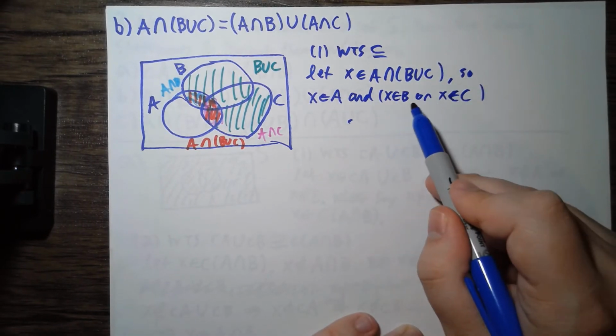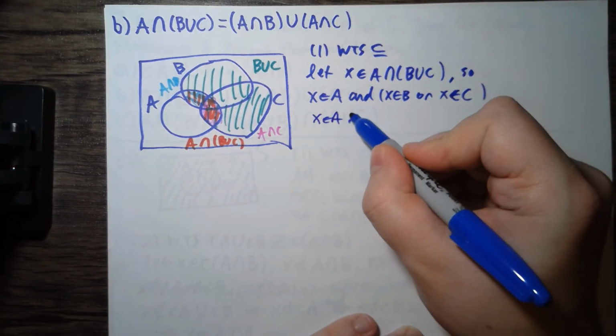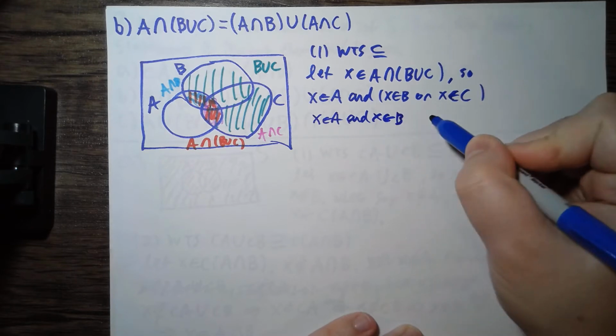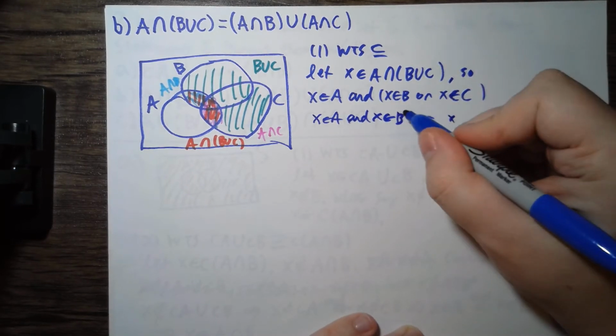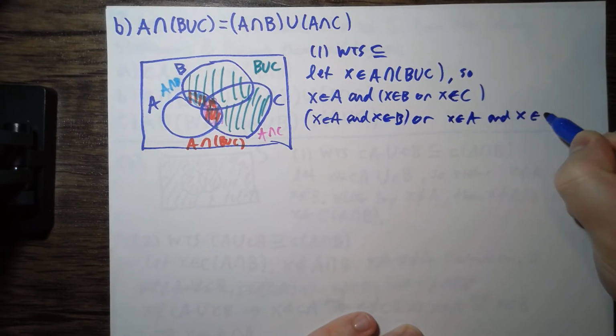So x is either in B or in C. But this just means that x is in A and x is in B, or x is in A and x is in C.